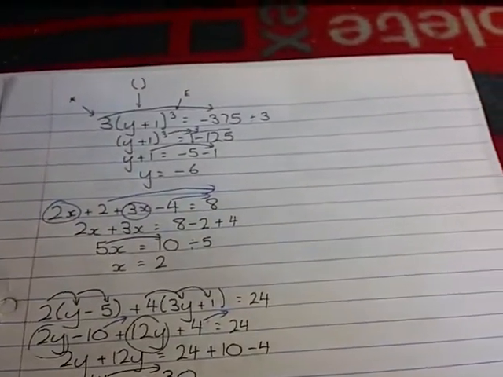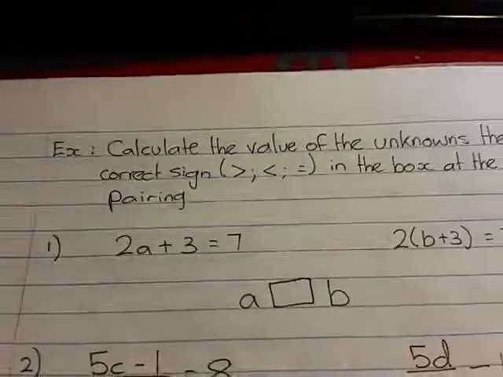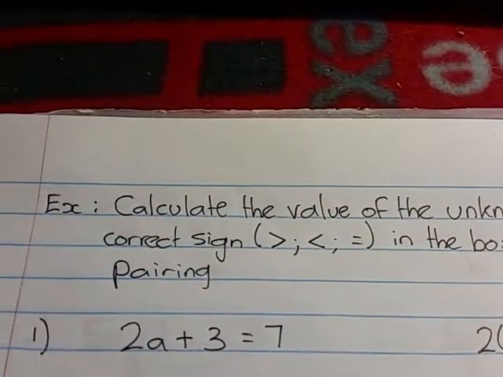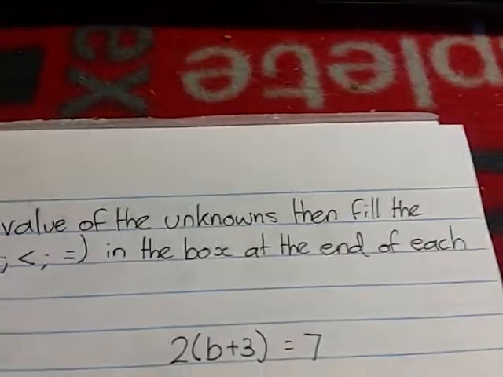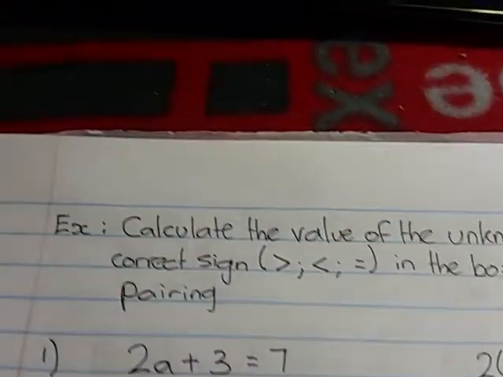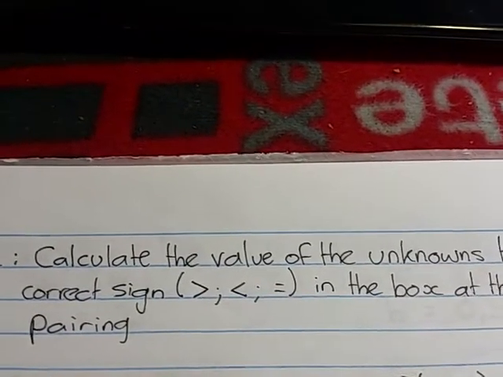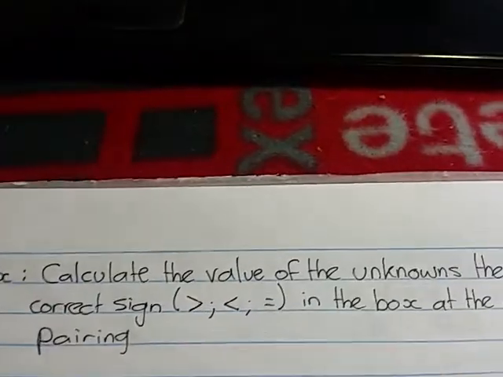But today's exercise is going to be a little bit different. Let me explain. So today's exercise, the instruction here is that you are going to calculate the value of the unknowns, and then you are going to fill in the correct sign, whether greater than, less than, or equal to, in the box at the end of each pairing.